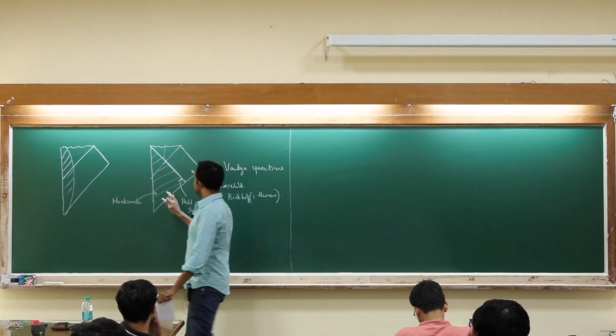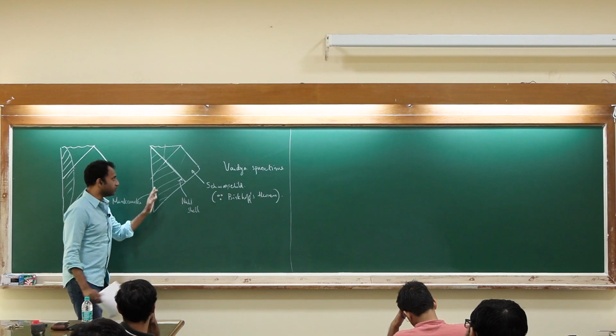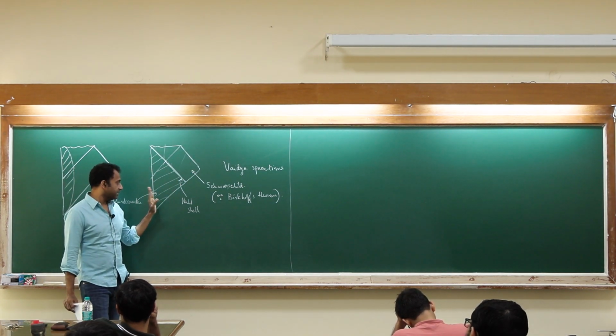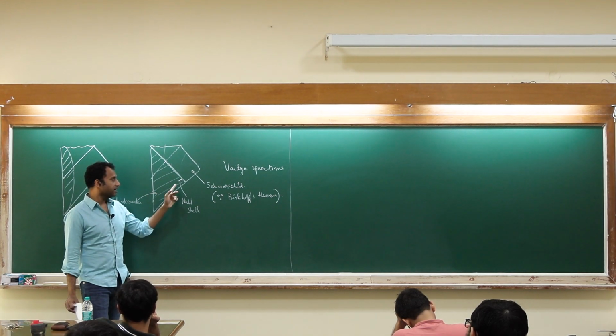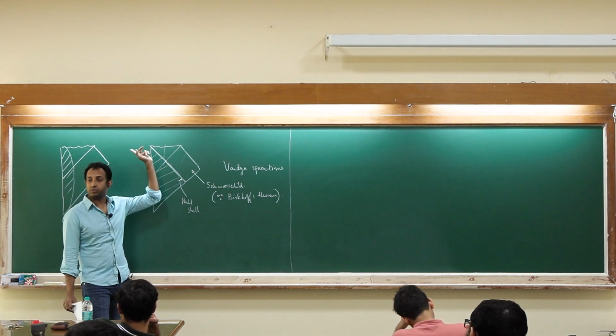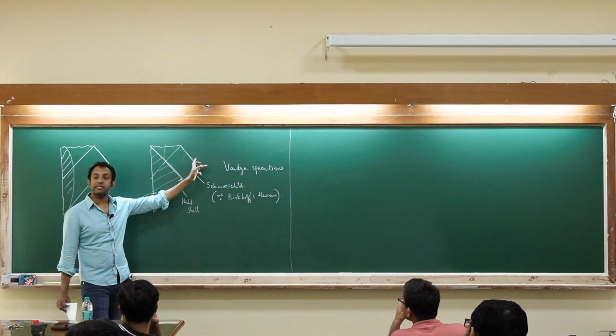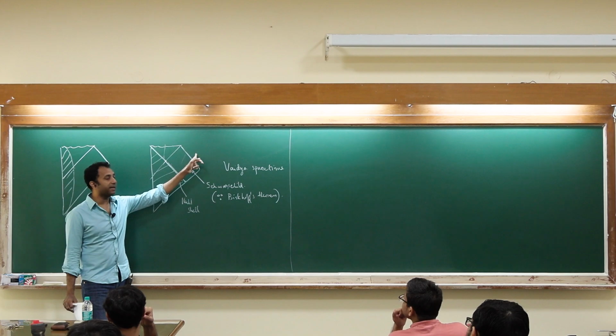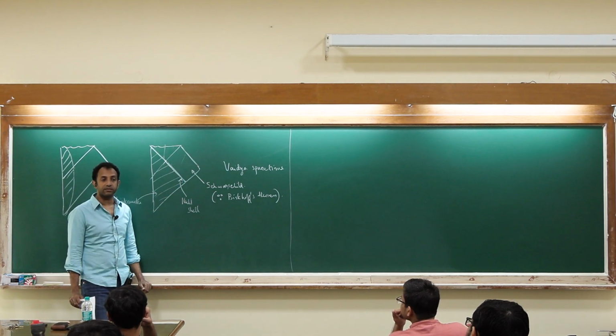So there are some Minkowski modes that we start with here, and then the question is, as you evolve, once the horizon is formed, what happens? If you start with a Minkowski vacuum here, and later on some collapsing shell falls through this, then what happens at infinity in the future? That is the question. If you start with Minkowski here and you find radiation here, that's a proof of Hawking radiation.